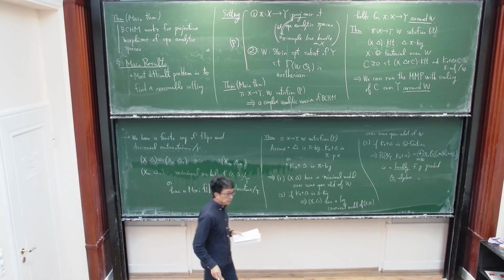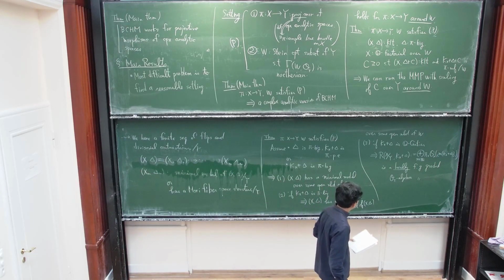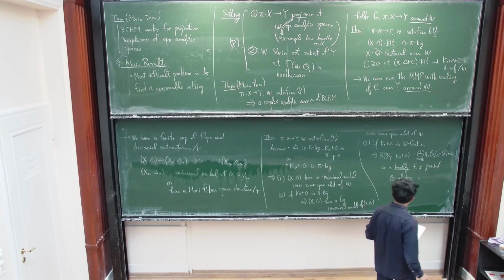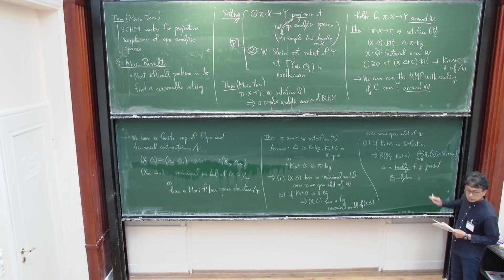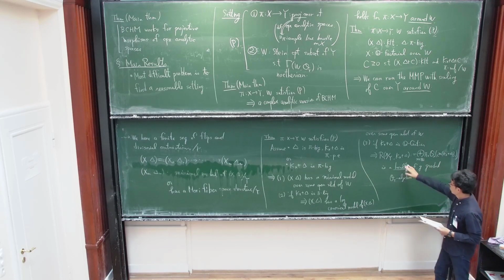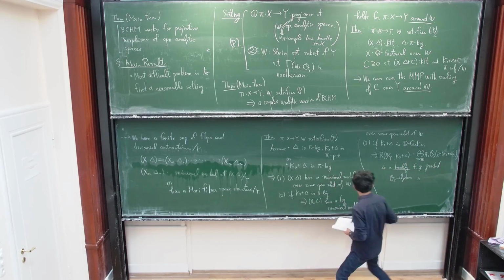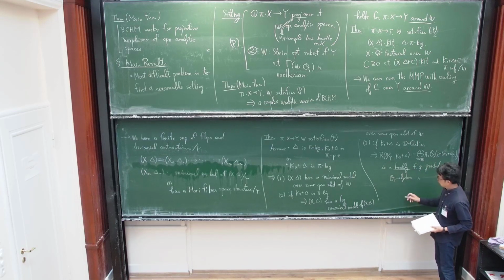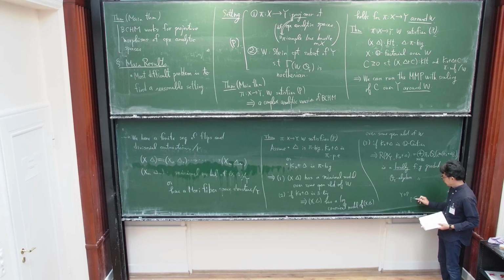Sorry, is it necessary to take an open neighborhood of Y to say locally finitely generated, or can you say this for the original X over Y, or do you need to shrink Y? No. In order to prove this theorem, give any point, take some suitable W, and apply this theorem.